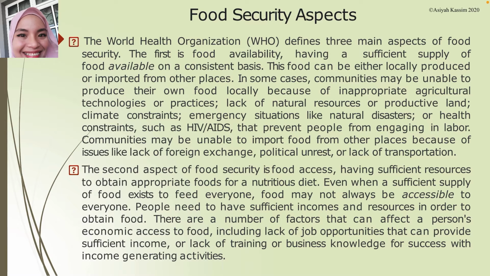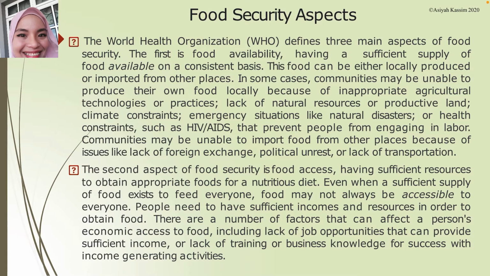Farming, fisheries, forestry, livestock. So, kadang-kadang sesebuah negara tu ataupun sesebuah kawasan tu tidak boleh produce their own local product due to lack of technologies. So, ini merupakan salah satu faktor kenapa sesetengah negara unable to produce their own food locally.